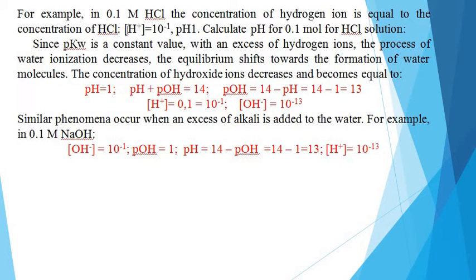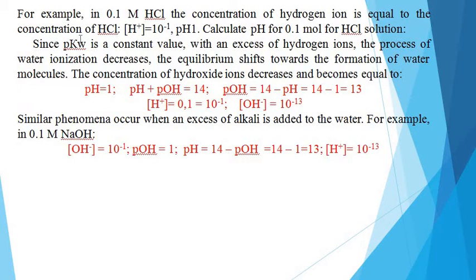So, if the concentration of hydrogen chloride acid is 0.1 mole, the concentration of the hydrogen ion is 10 to the minus 1 power, and pH is 1. So calculate pH for a 0.1 mole hydrogen chloride solution.